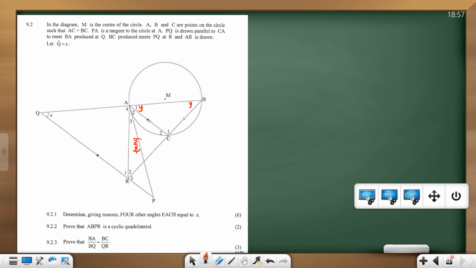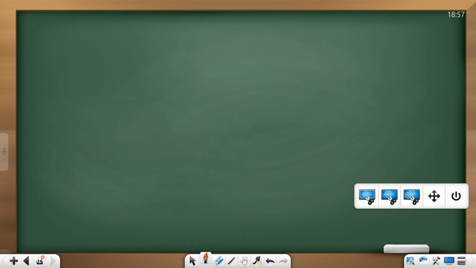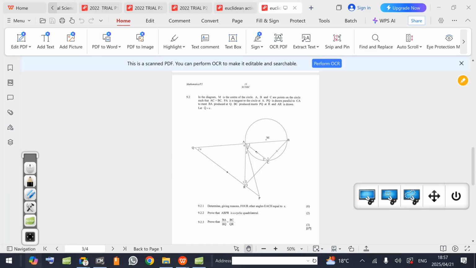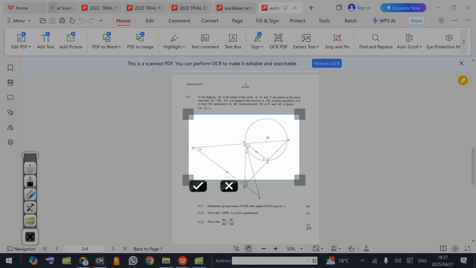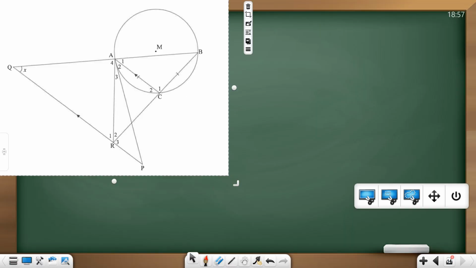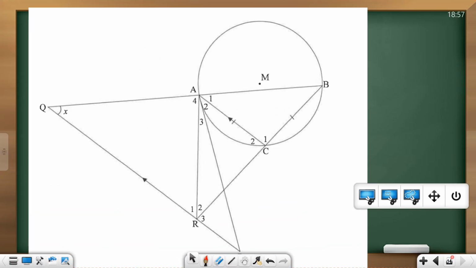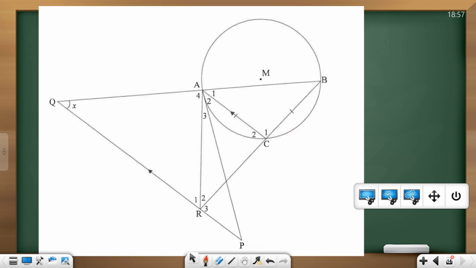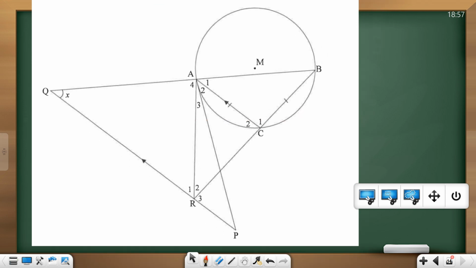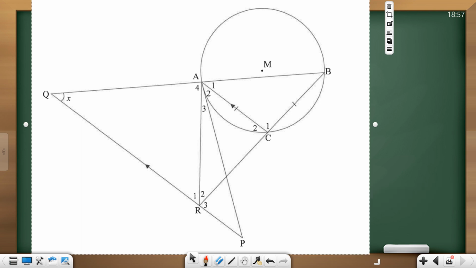Come, let's shoot. 4 angles that are equal to X. Let me assist you with something here. I'm sure this is a lot better now.